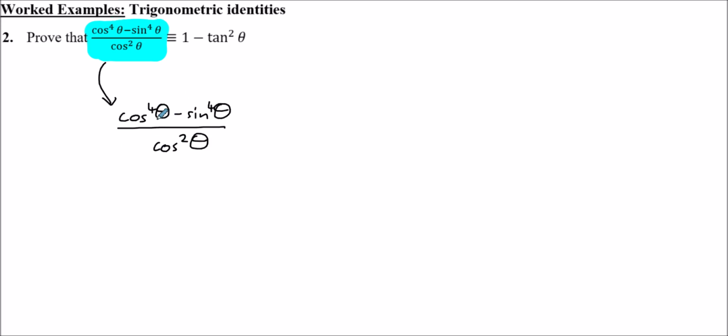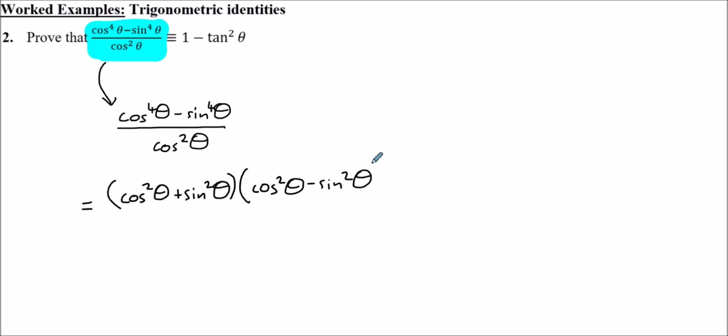So with a bit of thinking about it, you might hopefully spot that the top is actually a difference of two squares. So the top can be written as cos squared theta plus sin squared theta, then cos squared theta minus sin squared theta, all over cos squared theta.